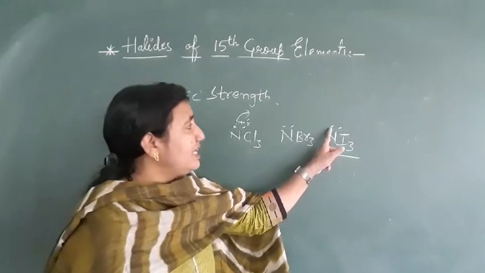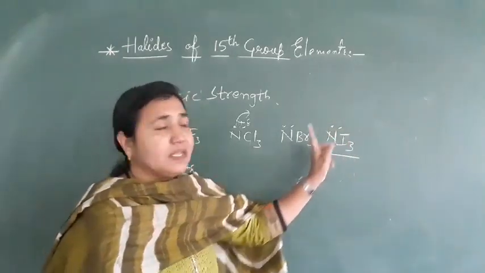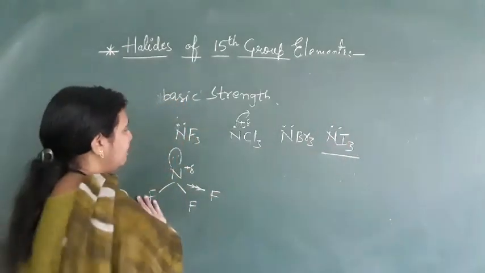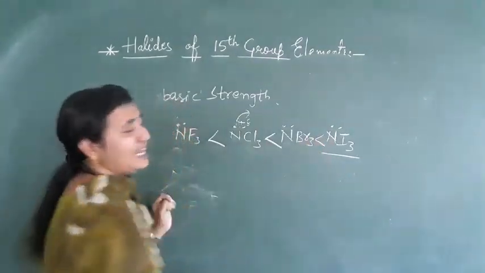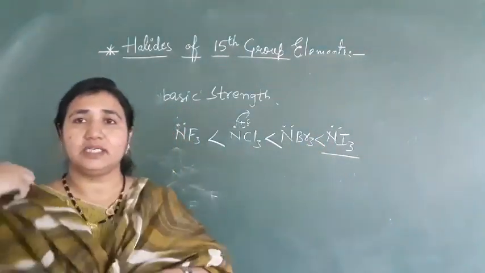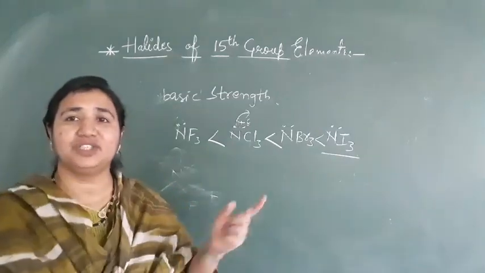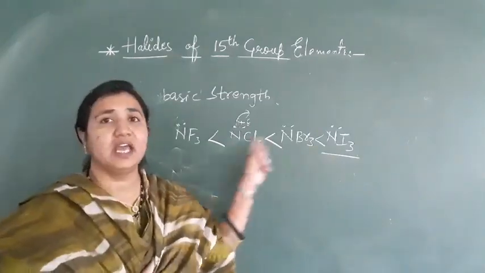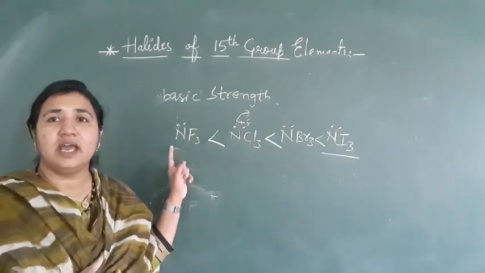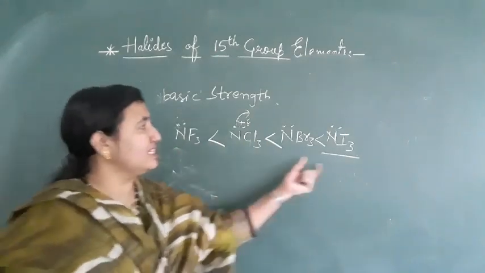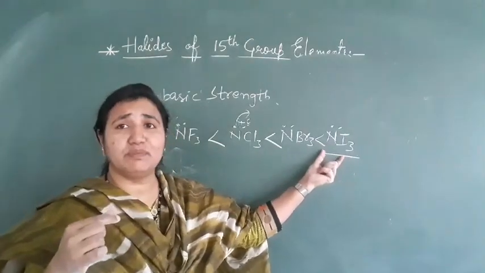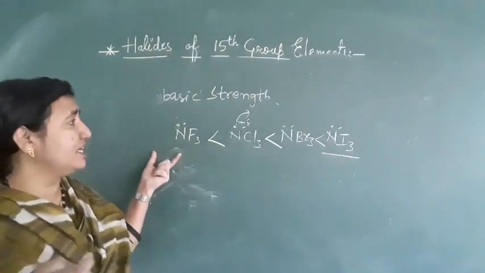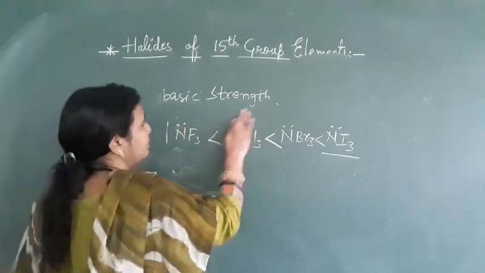So the basic strength order for nitrogen's halides is this one. NI3 is the most basic, and NF3 is the least basic. This will be the order for nitrogen halides.